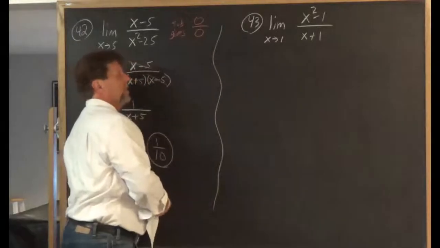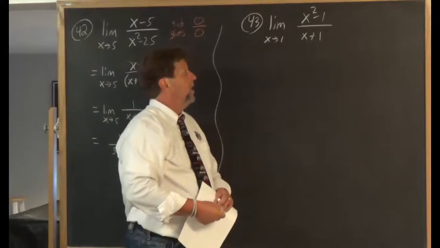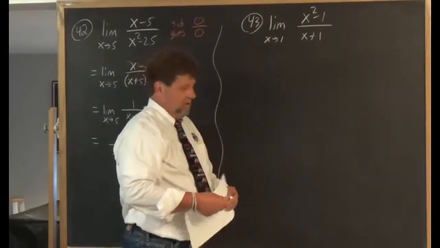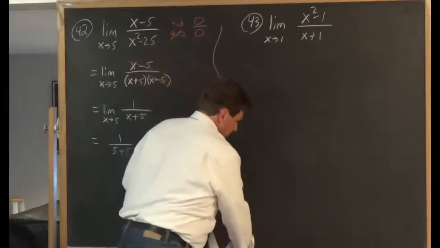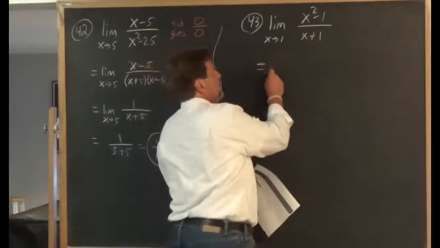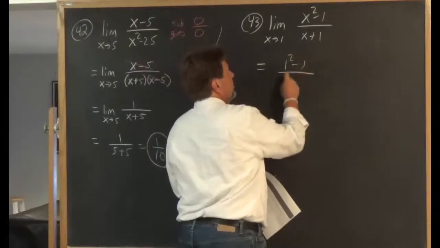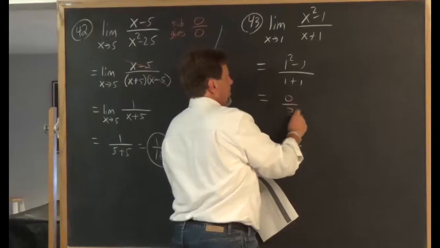43 was the limit as x approaches 1 of x squared minus 1 over x plus 1. Well, when we try substitution, notice substitution gives us 1 minus 1, 0 over 2.